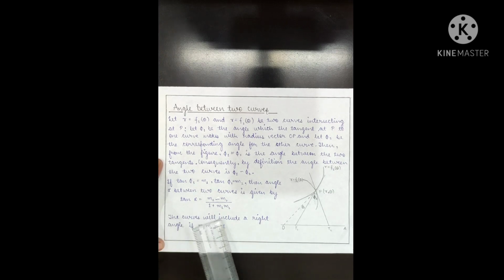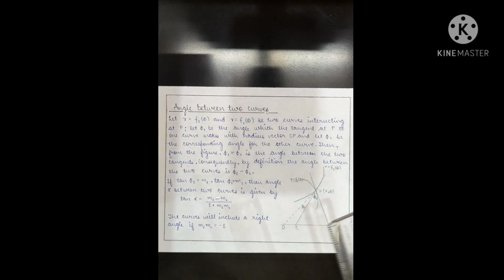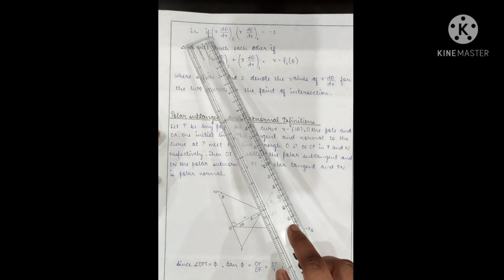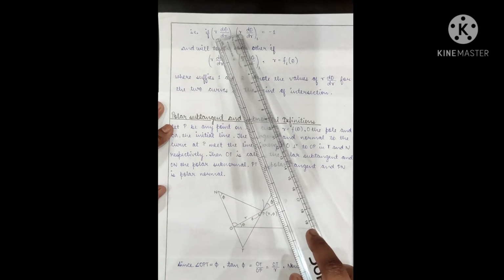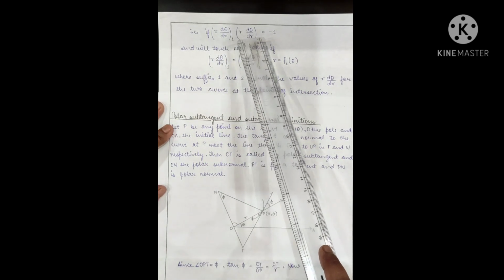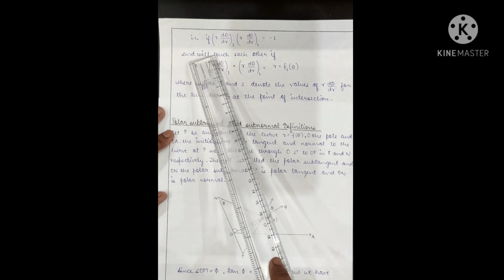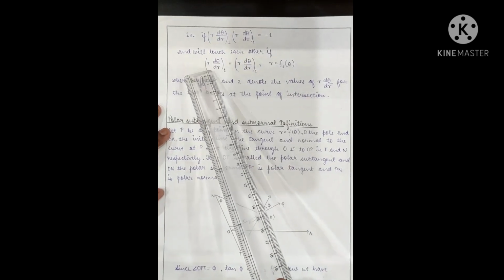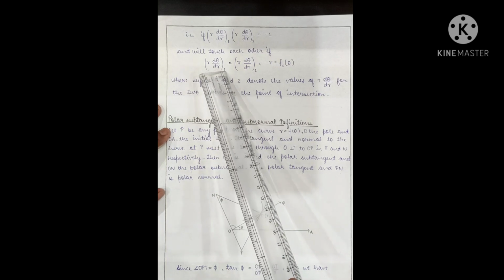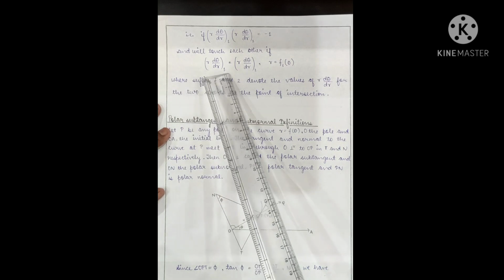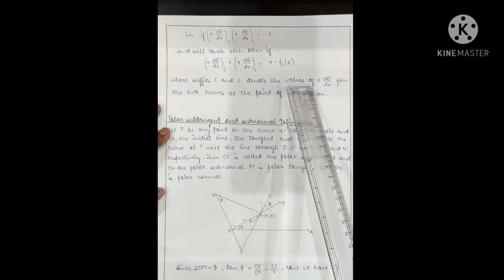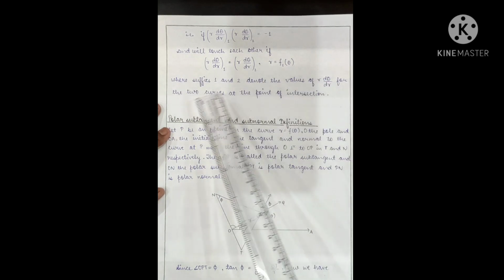The curves will intersect at a right angle when m1 m2 = -1. That is, if (r d theta/dr)1 into (r d theta/dr)2 = -1, and the curves will touch each other if (r d theta/dr)1 = (r d theta/dr)2, where suffix 1 and 2 denote the values of r d theta/dr for the two curves at the point of intersection.